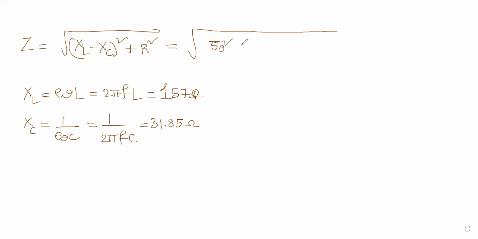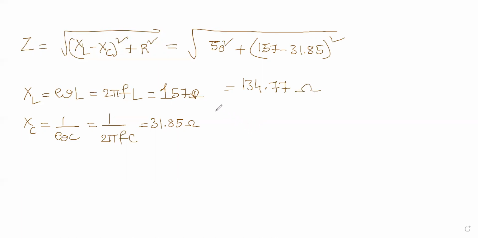So that's 50 square plus (157 minus 31.85) whole square. So this works out to be 134.77 ohms.